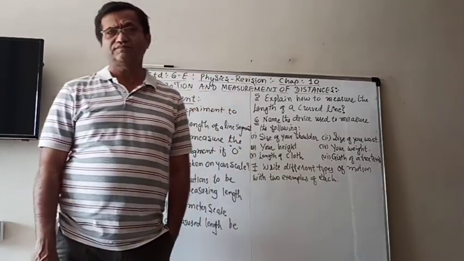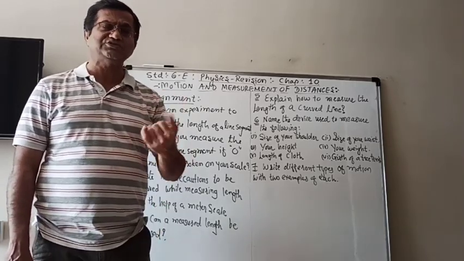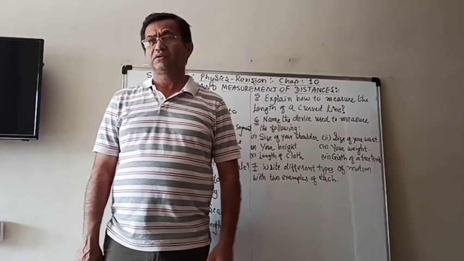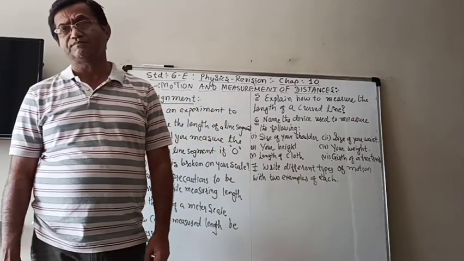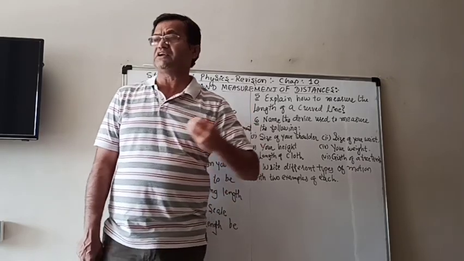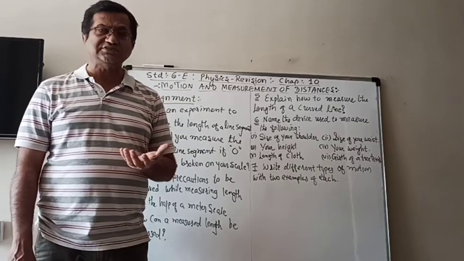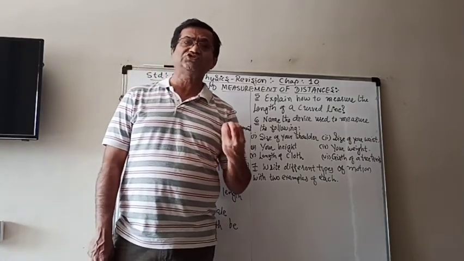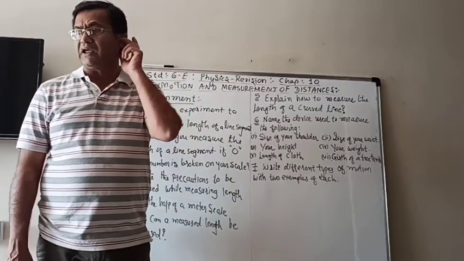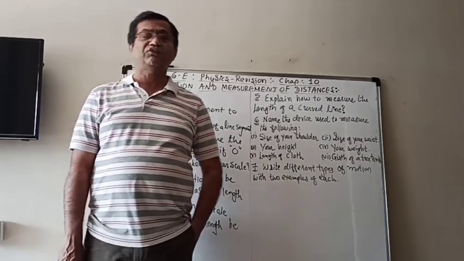So they were using different body organs like the length of a hand span, fingers, mutti, a yard, a foot, etc. But they saw that by using these different units, there was no uniformity, because the size of the organs of different people is different, and therefore every time you will get a different length for the same object.